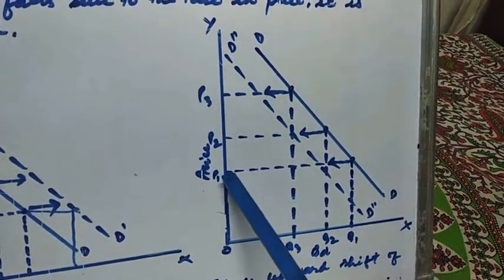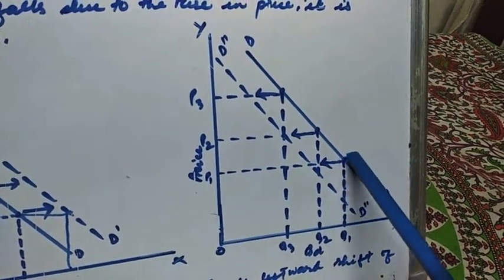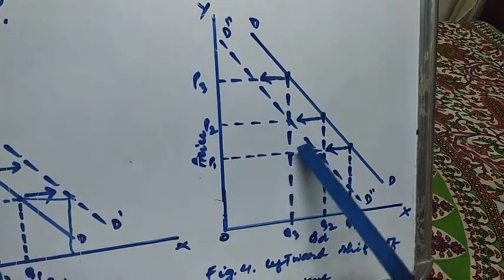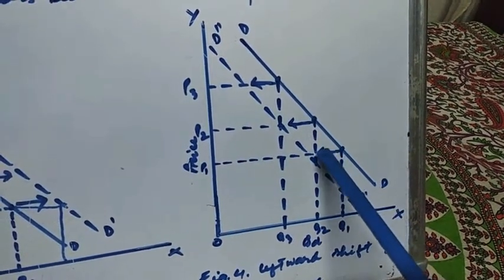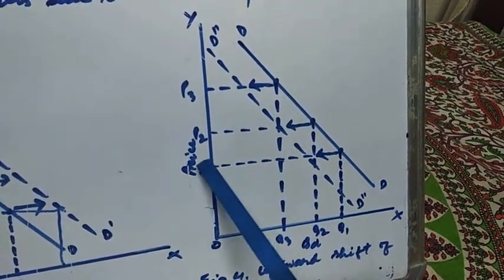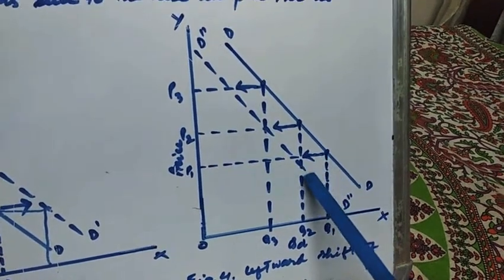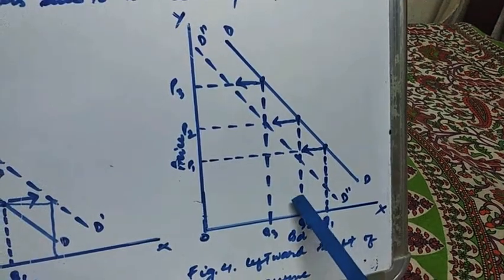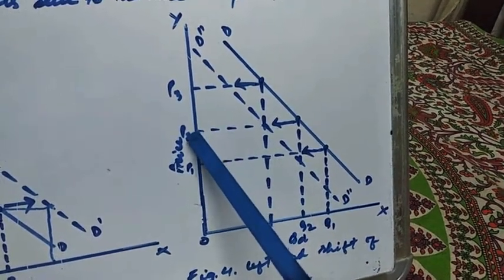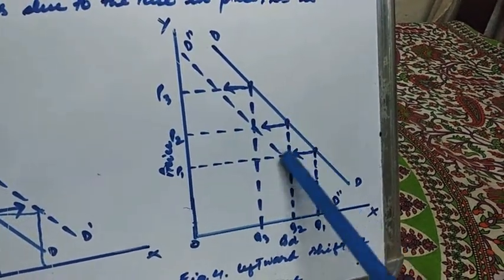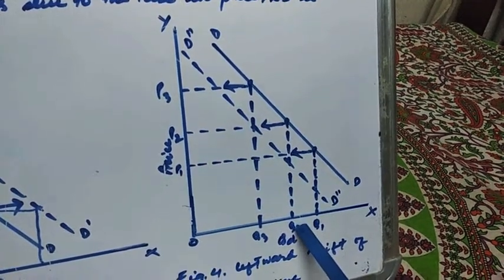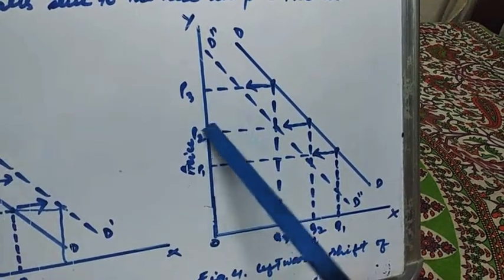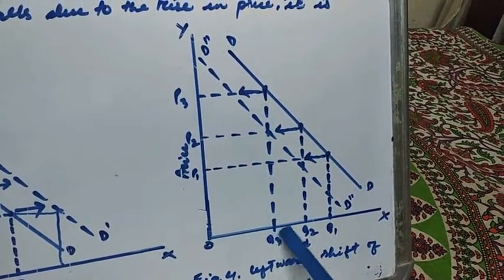So earlier it was demanding Q1 quantity of good at P1, but now after this leftward shift, at the same price P1, the consumer is able to get only this much. Quantity demanded has decreased. And again, same with P2 price. Earlier it was demanding Q2 amount of goods, but with the shift in the demand curve, he is able to demand only Q3 here.